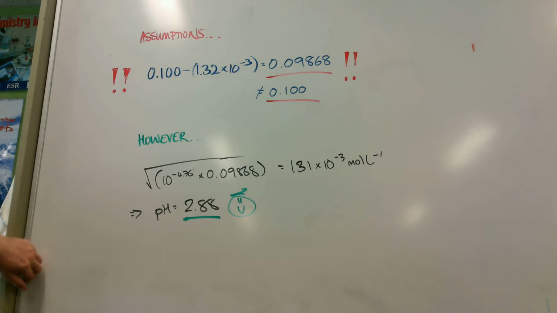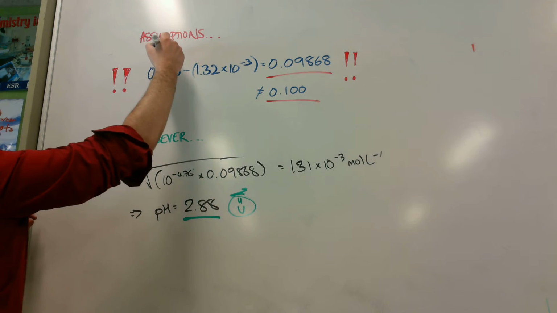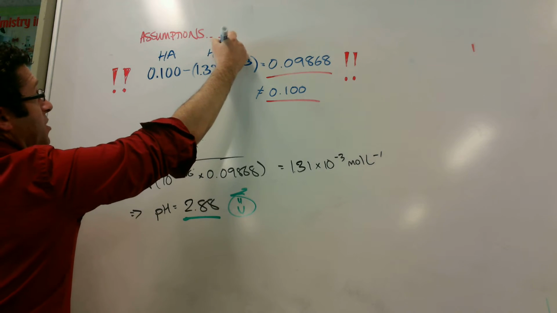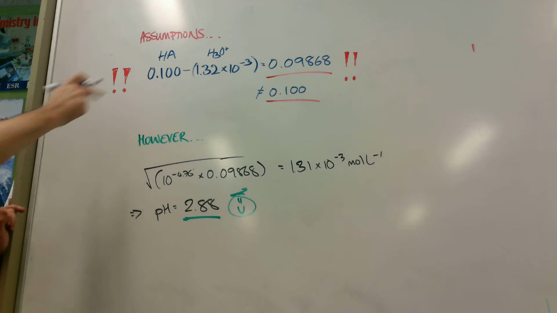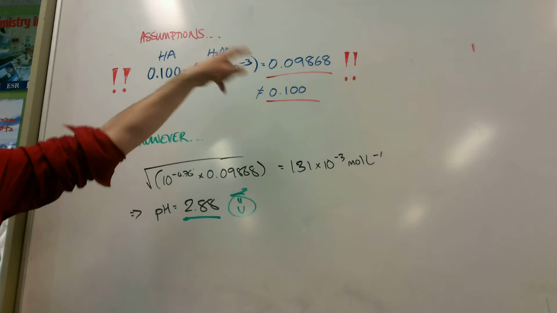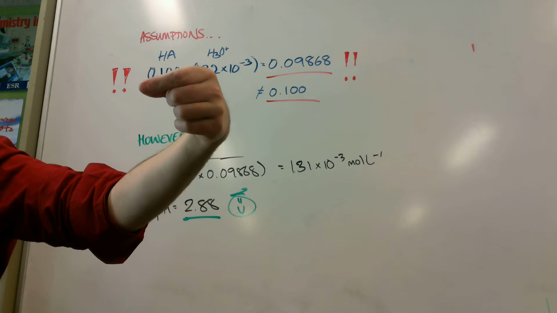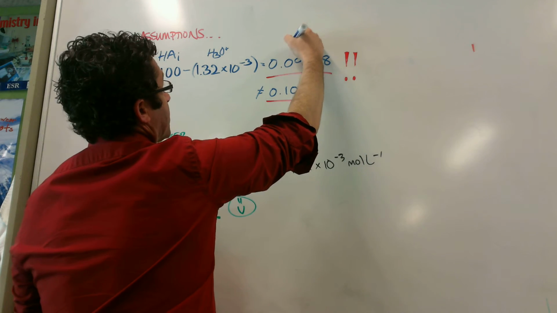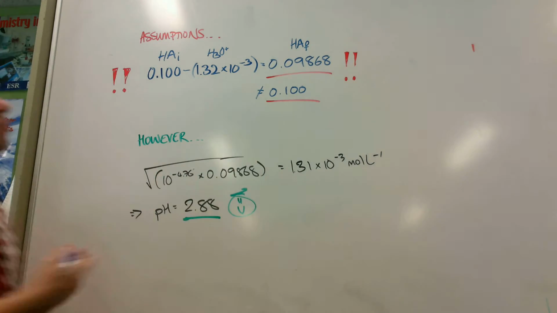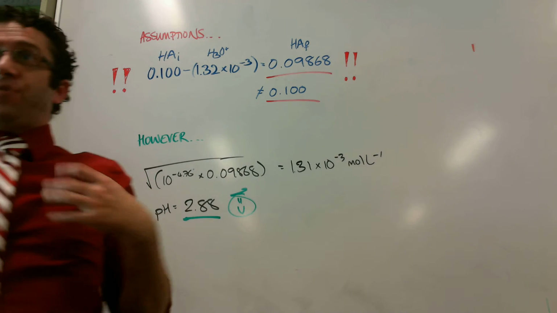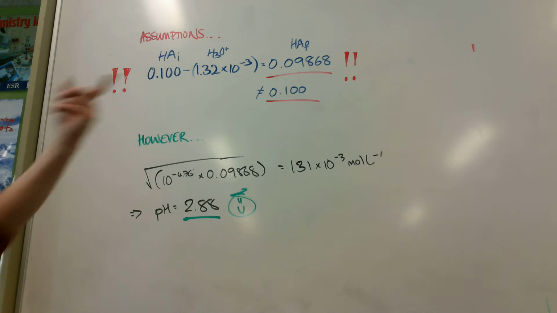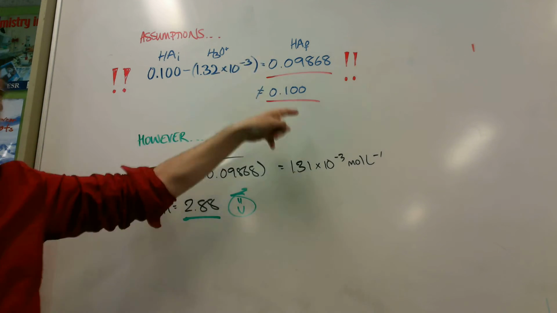First of all, I've got my HA, so my acid, and I've got my H3O plus, which is what's being formed from it. So if I go that minus that, that tells me how much HA is left over. So that's initial, and that's final. So at the end. So therefore, that number would have to go into my calculations instead of 0.1, because they're not the same number. They're different.